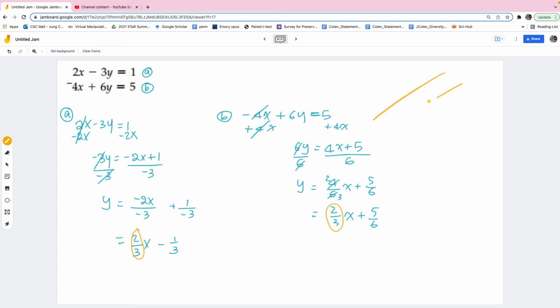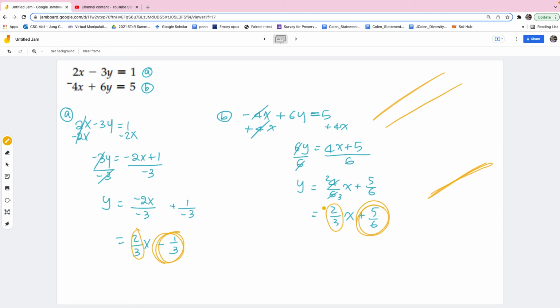So it can be either parallel or they can be exactly the same equation. Now let's compare the y-intercepts, negative 1/3 and positive 5/6. They are not equal. These are in simplified form, right? When they are simplified, they have to be equal to make the same equation.